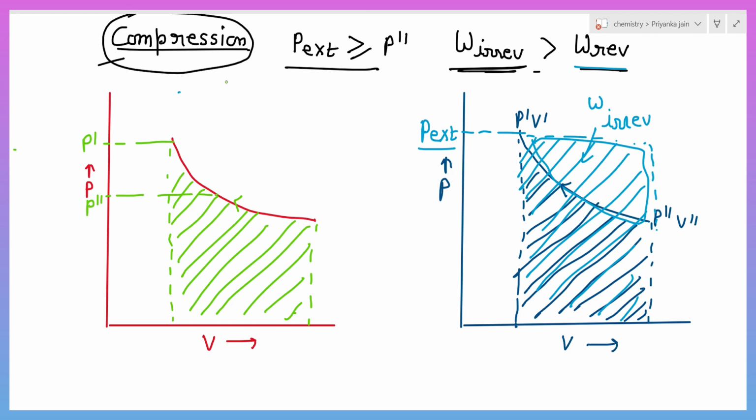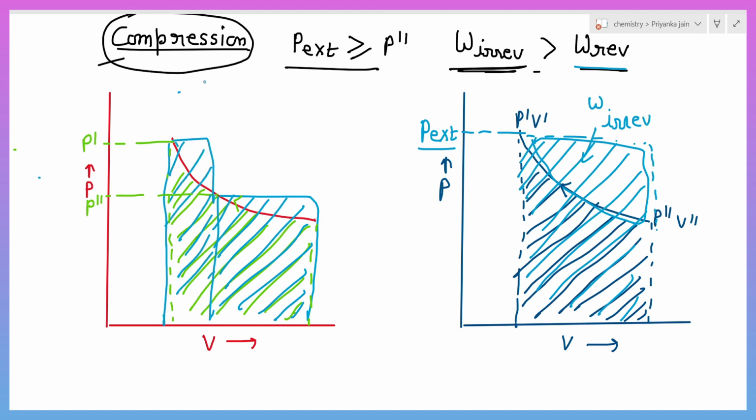Now how much work will we get? First time you get this much work, and the second time you get this much work. In the first case you get more work, but in the second case you get a little less work. So whenever we do the compression process in multiple steps, the magnitude of the work will decrease. So this is all about the graphical representation.